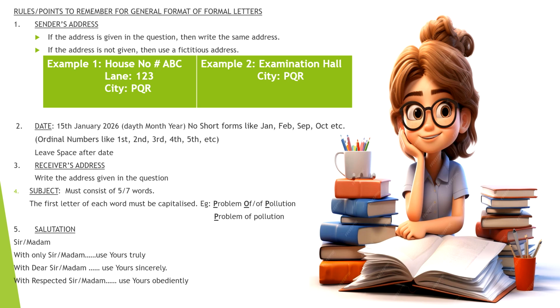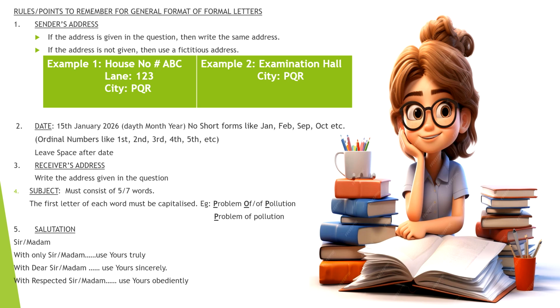Then we come down to subject, which consists of 5 to 7 words, students. There are two ways of writing subject. Since we write only 5 to 7 words, one way is the first letter of each word should be capital. Or you can also write the first letter of the first word capital. For example, suppose there is a letter to the editor about the problem of pollution.